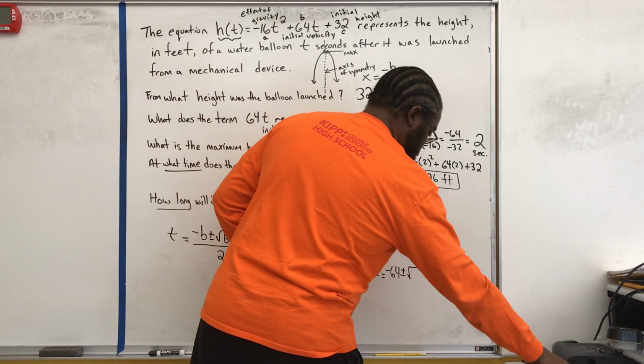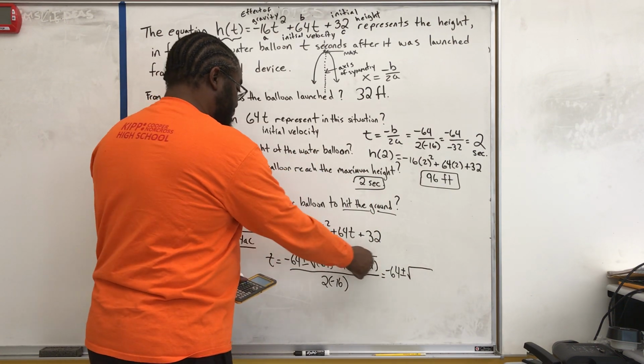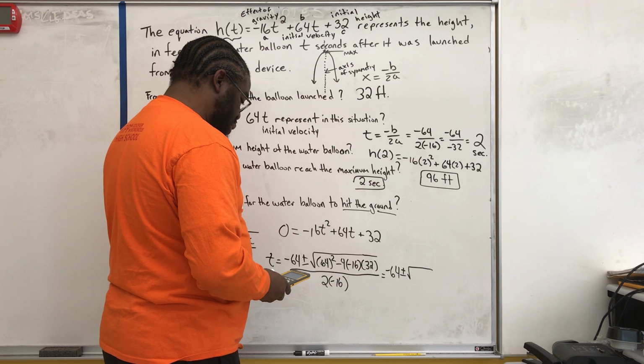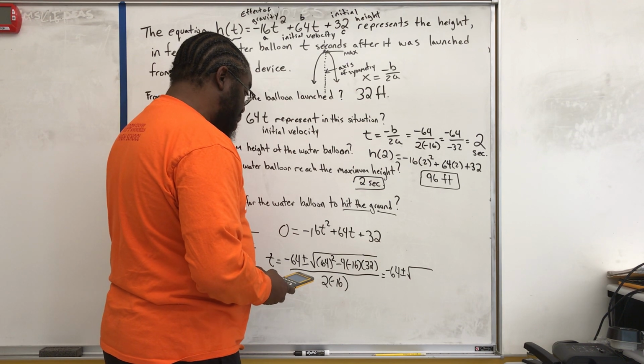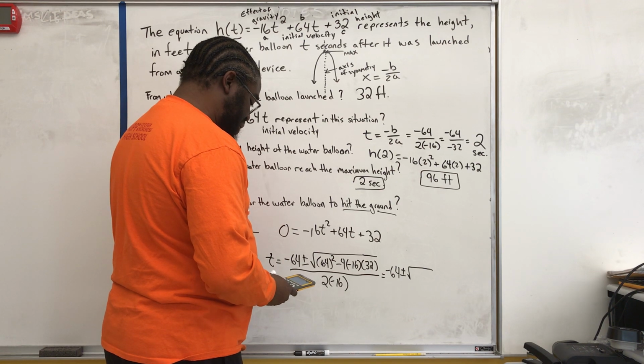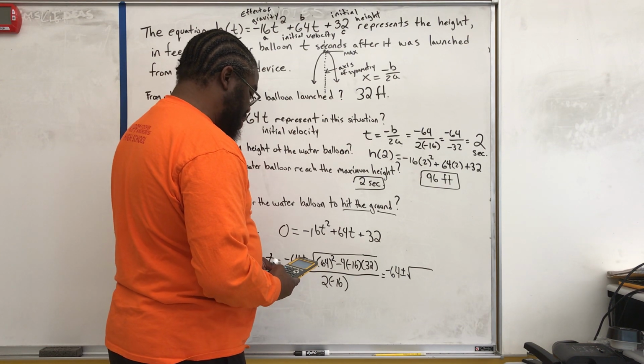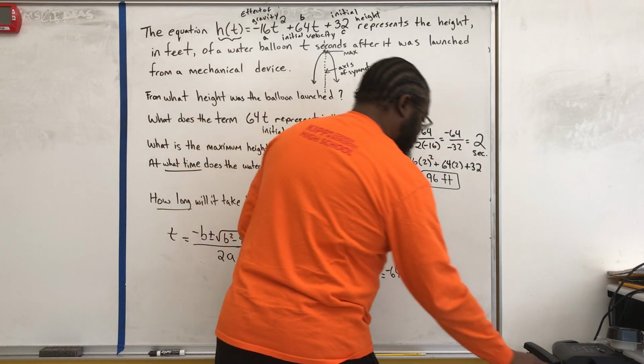Again, let's use our machine. Let's type it in exactly the way we see it. Parentheses 64, parentheses squared, minus 4, parentheses, negative 16, parentheses, another set of parentheses, 32, close parentheses, enter. 6,144.